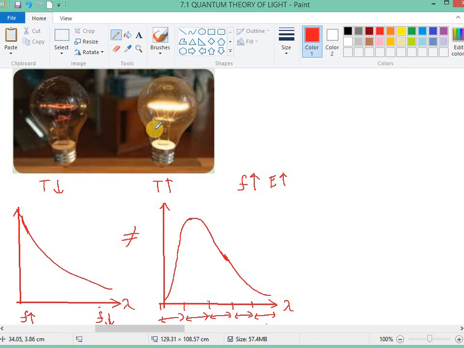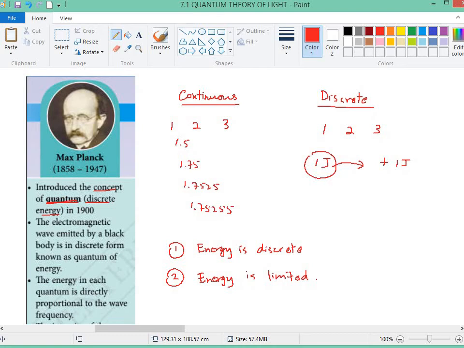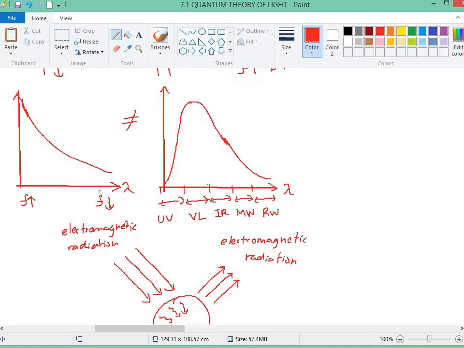So this graph, this concept from classical physics is not logical. So Max Planck's idea is energy is discrete, energy is limited. This is very important because only when energy is limited and discrete can you get the graph that looks like a bell shape.